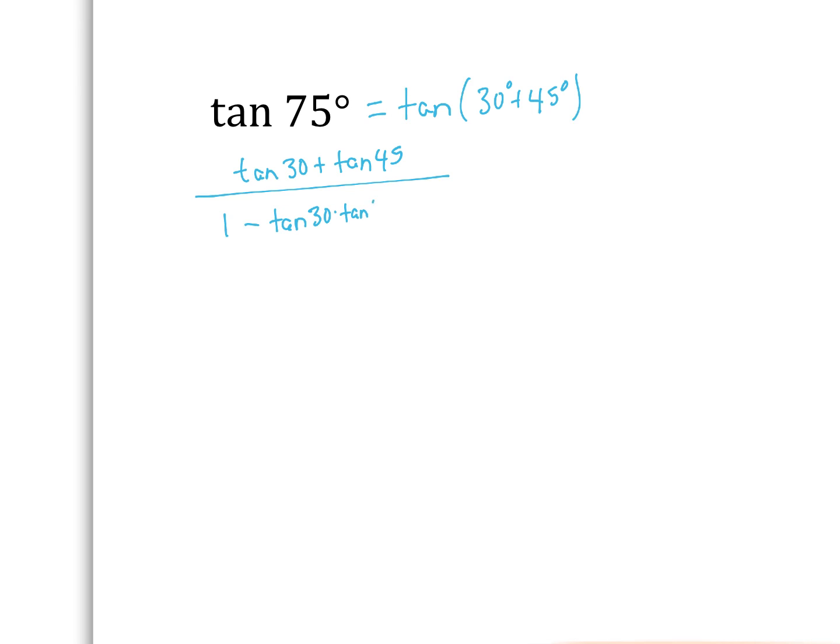Tangent of 75 degrees, and I want to think of this as the tangent of 30 degrees plus 45. So tangent of 30 plus tan 45 all over 1 minus tan 30 times tan 45.